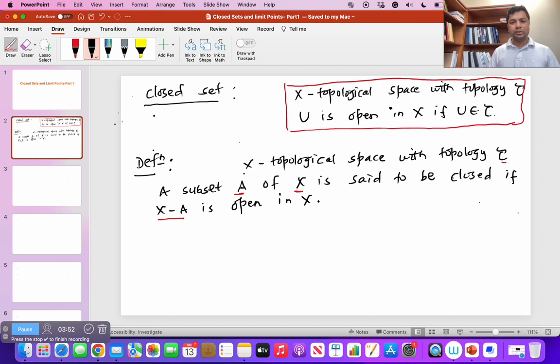Now you can see we define the closed set using its complement. A set is called closed in a topological space if its complement is open.